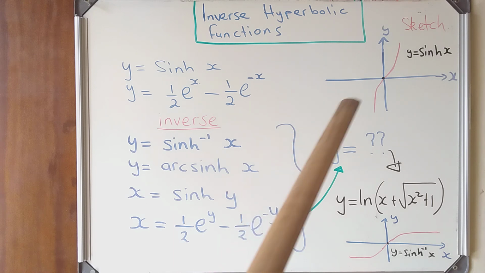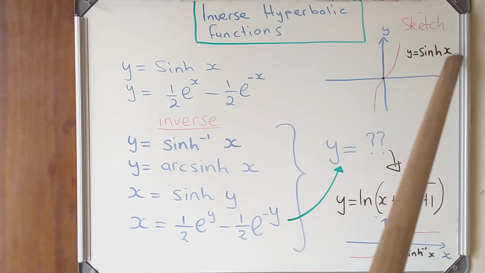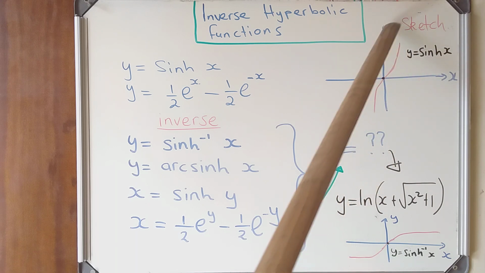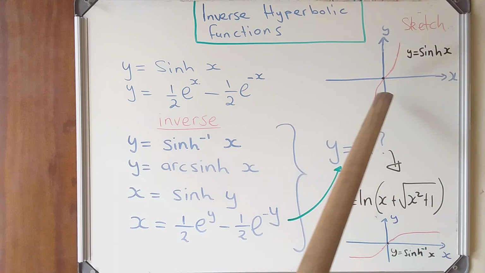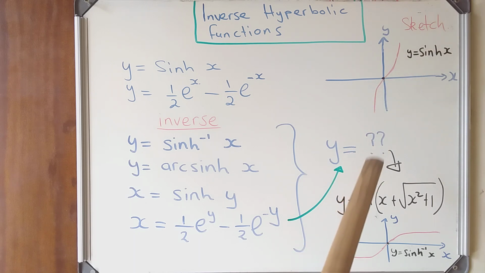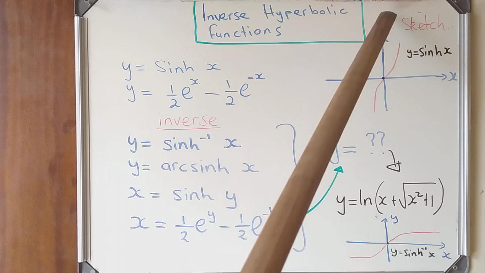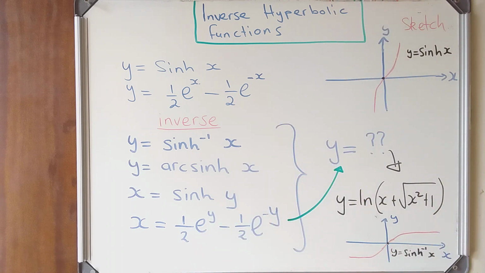Previously we know the sketch of sinh x was going towards the positive y direction here, and also towards this y. But you're going to find out that when you talk of the inverse of sinh x, it's not going to be towards the y, it will be towards the x.